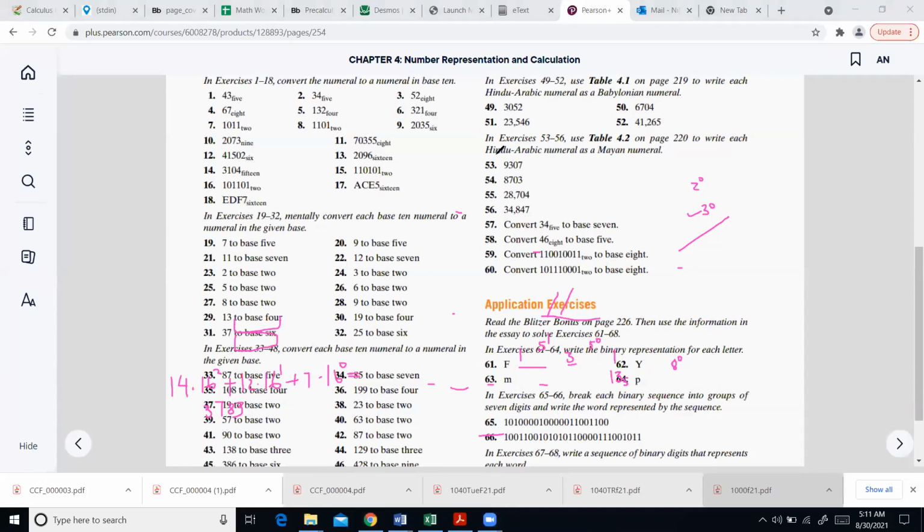There was some exercise I remember, where we were supposed to write it in the base 2. So we needed to write the number in base 2, right?